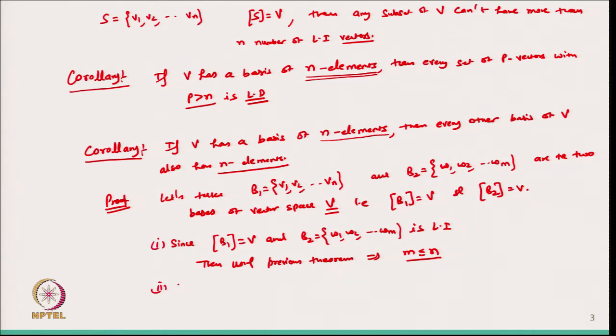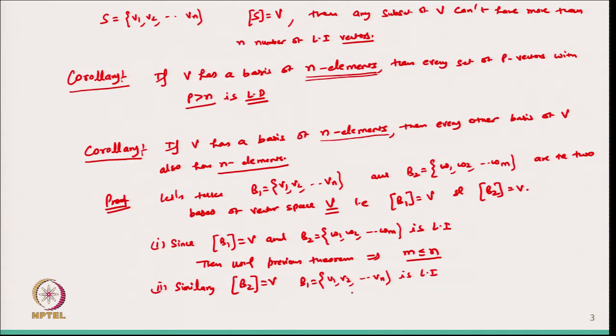Second one, similarly, B2 spans V because it is a basis. If it is a basis, definitely it will span. And B1, containing V1, V2 up to Vn elements, is LI.